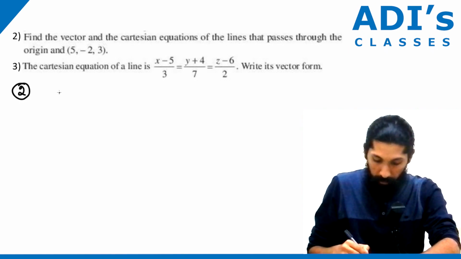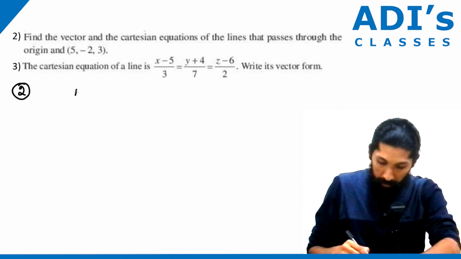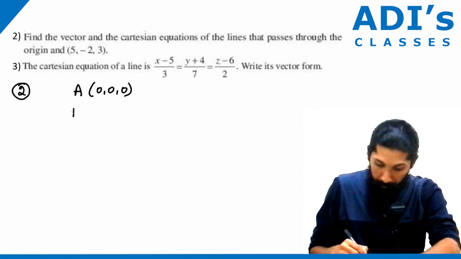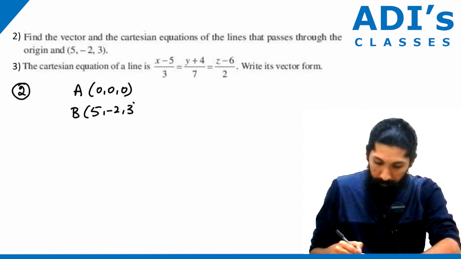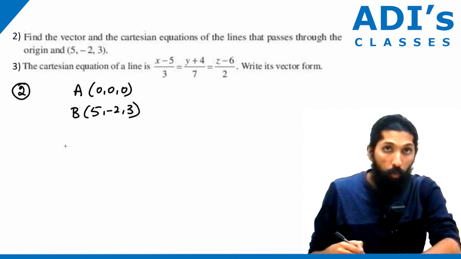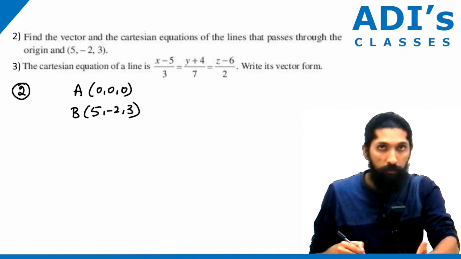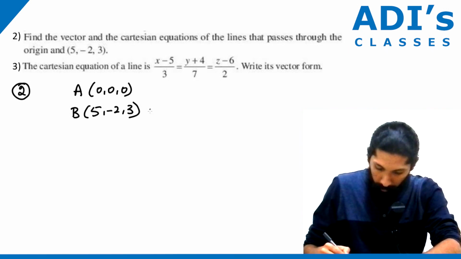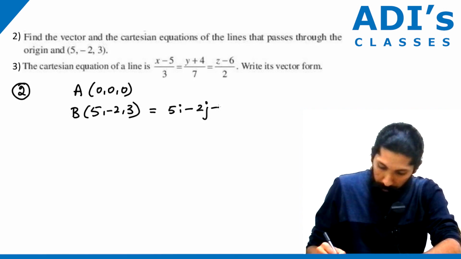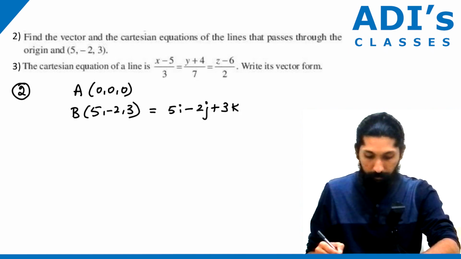First, let's say that point A is given by (0, 0, 0) and point B is given by (5, minus 2, 3). Or you can call O the origin and A as (5, minus 2, 3). It's up to you. So this is going to become 5i minus 2j plus 3k.